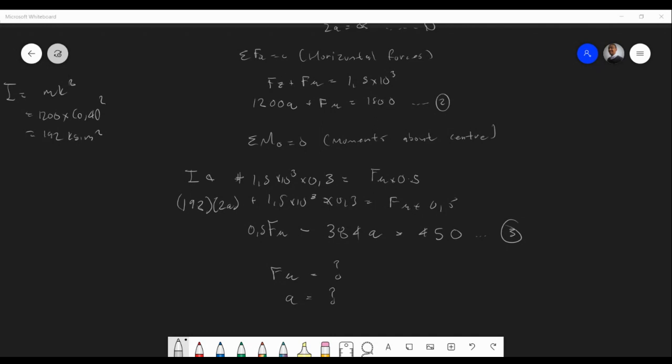My acceleration is 0.35. 0.3, yes? 0.305. Fantastic.